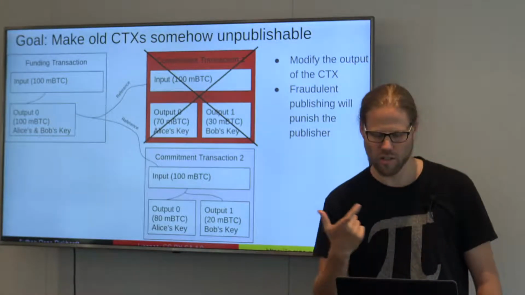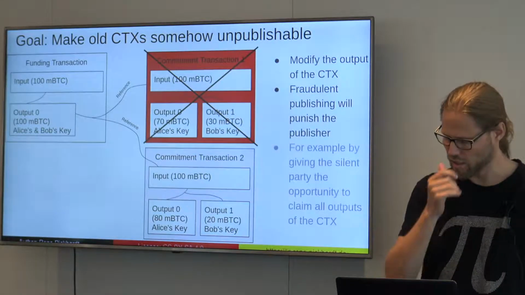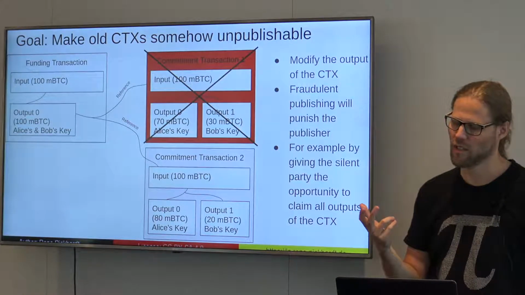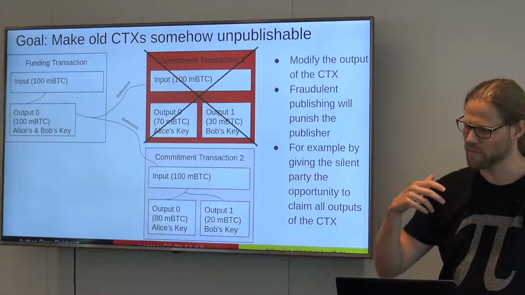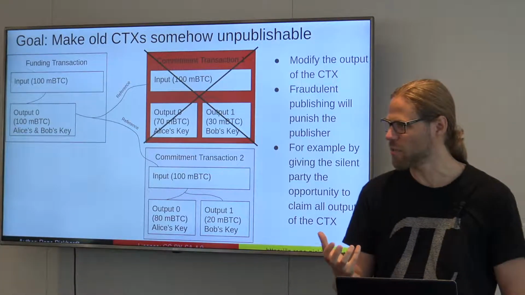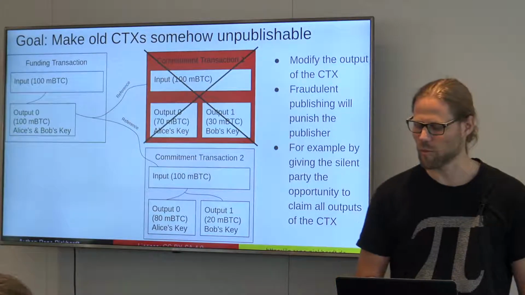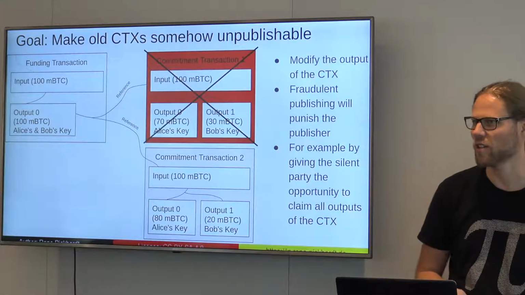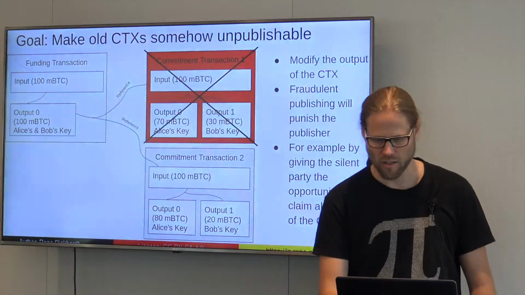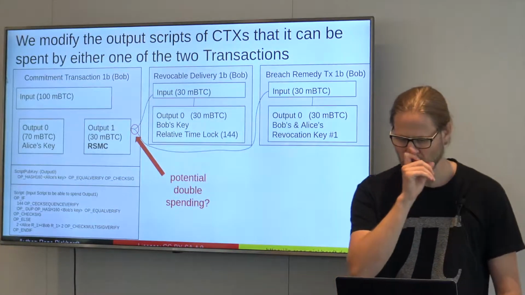So we change this output a little bit. And so, for example, the punishment would be to give the silent party, the party that didn't publish this, all the outputs that would go to the other party, right? The penalty mechanism that we know from the Lightning paper.